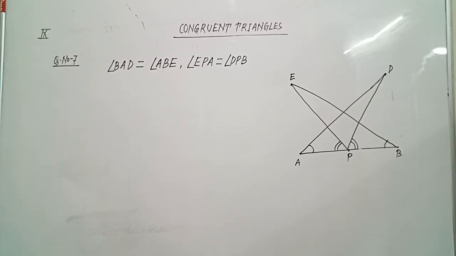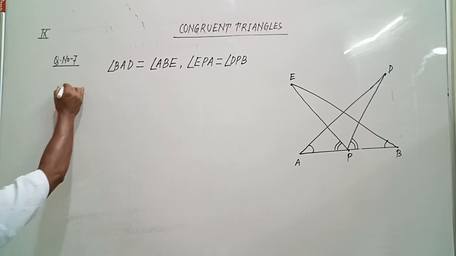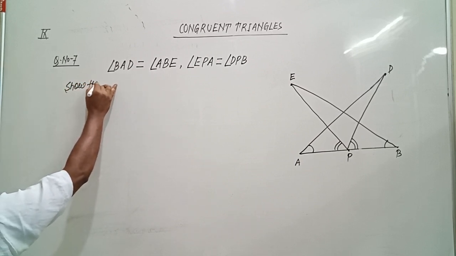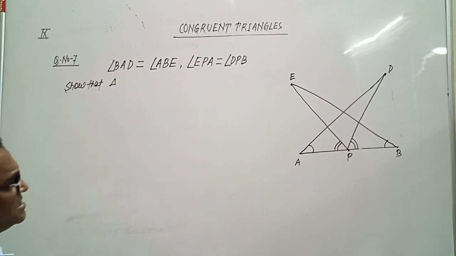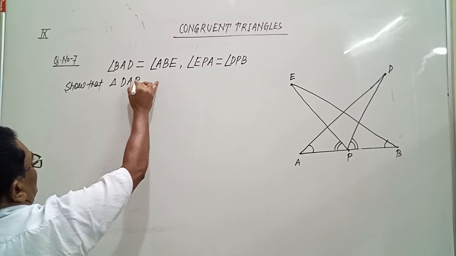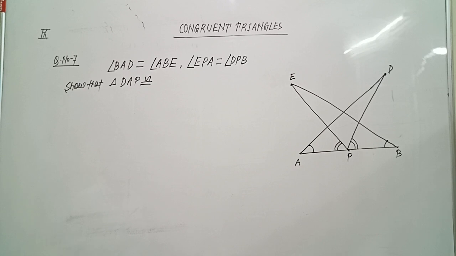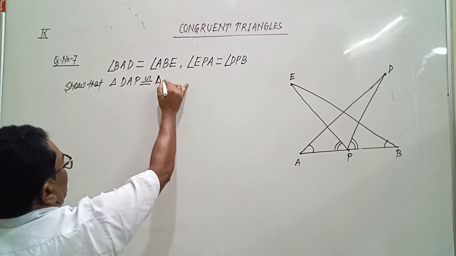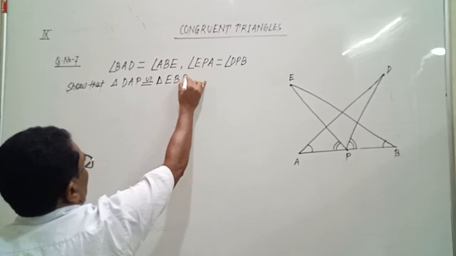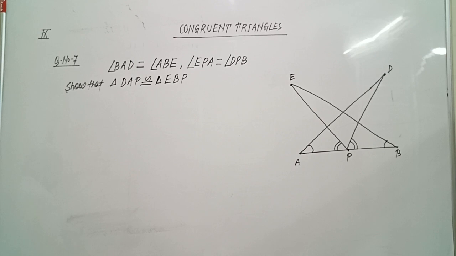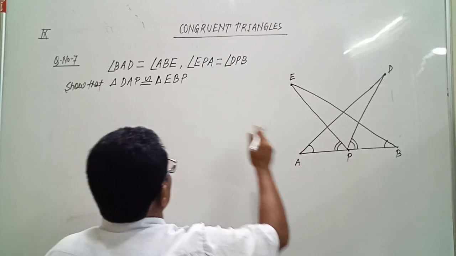Then show that triangle DAP is congruent to triangle EBP.